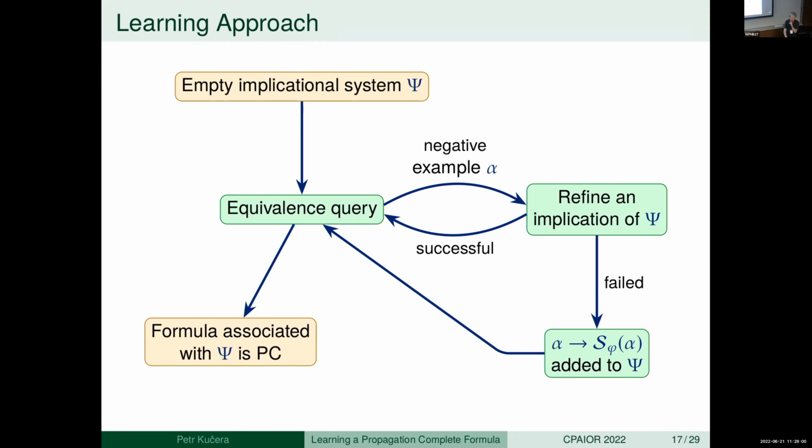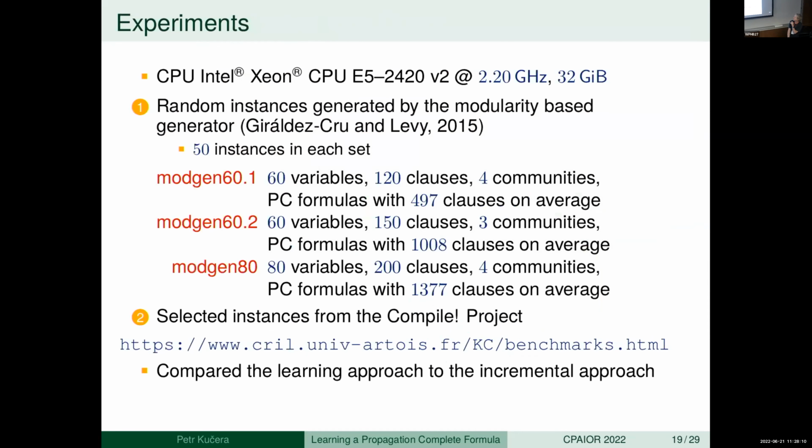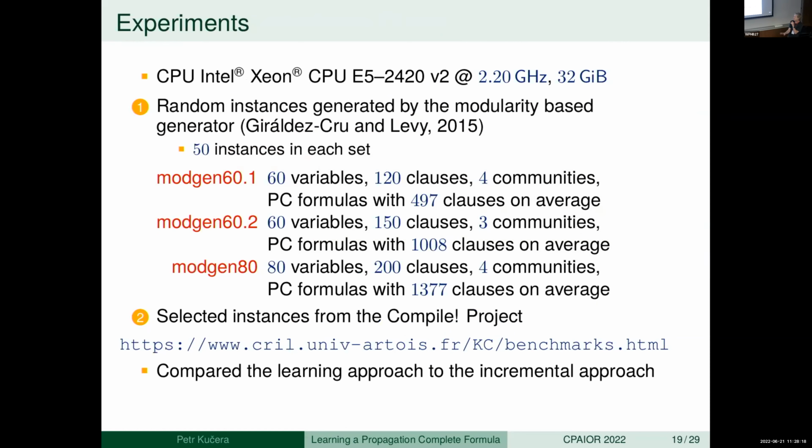When this process ends, we have a propagation complete formula. This is the overall structure of the approach we took. I will skip this part about the SAT-based equivalence query. The encoding is described in the paper. It's quite non-trivial.